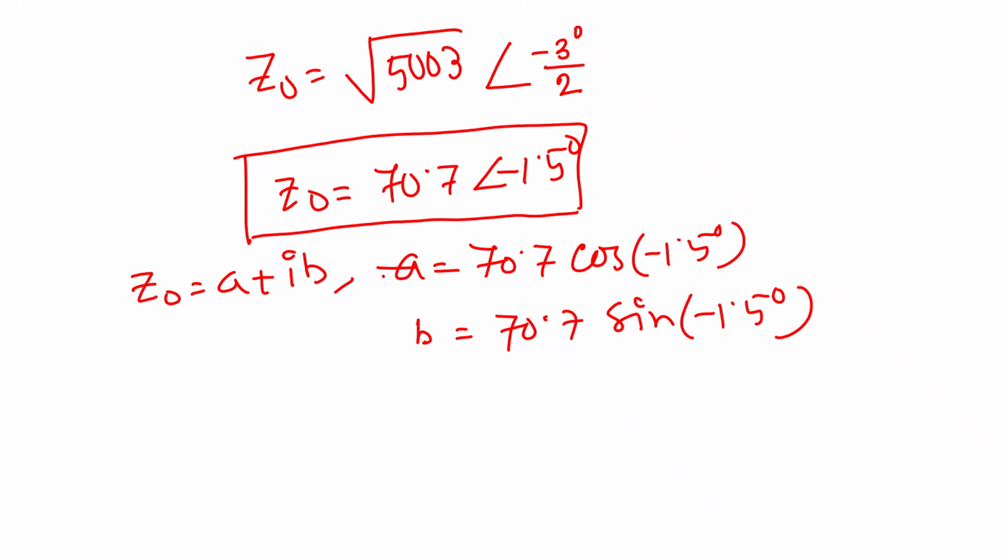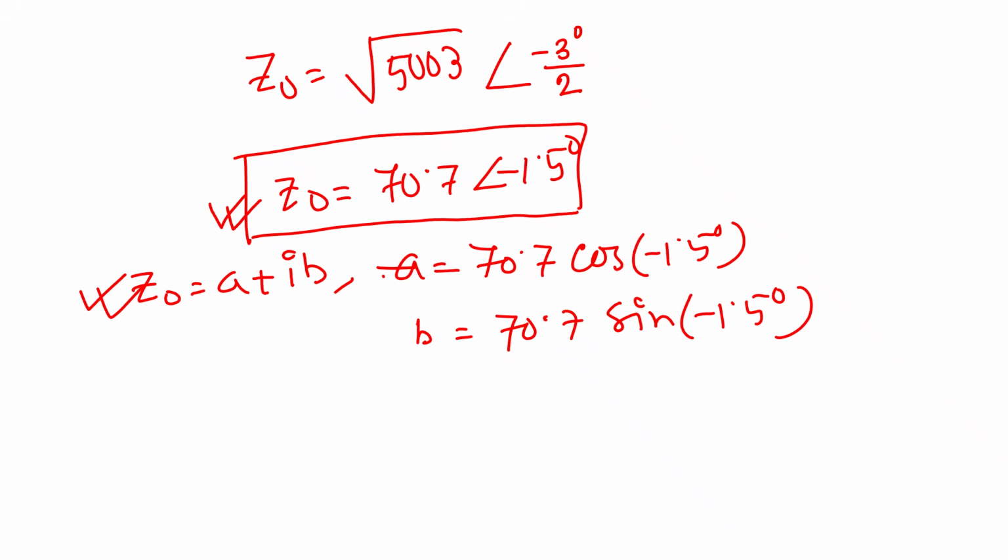If we replace these values in the calculator, ultimately we can get the final value of this Z0 in terms of complex numbers. In this way we can calculate Z0 both in polar form and in terms of a complex number. So this will give me the final value of Z0.